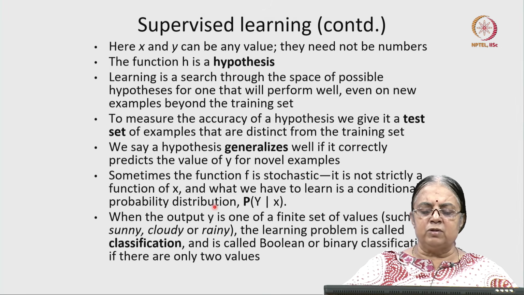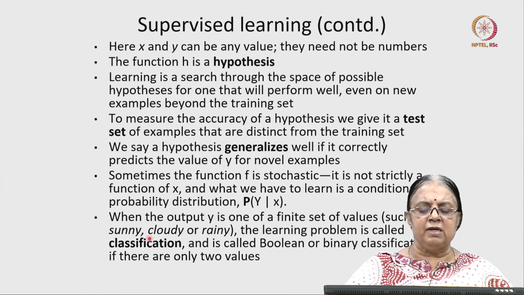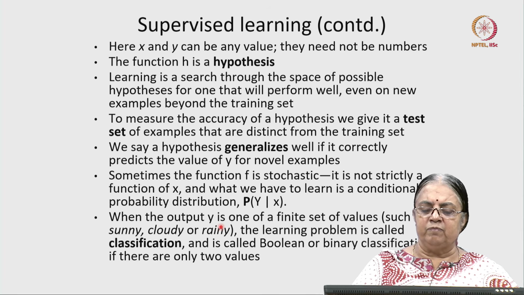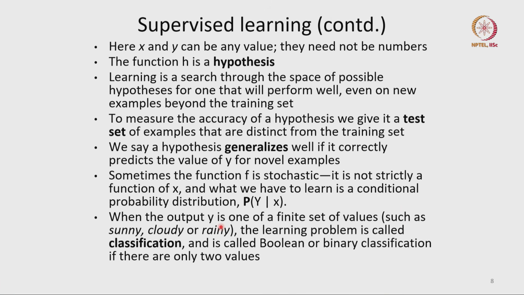The output, if it is a finite set of values, for example, sunny, cloudy or rainy, or class 1, class 2, class 3, or in the case of digits class 0, class 1, class 2 up to class 9, etc., it is called classification. And if there are just 2 outputs, so your output could be either 0 and 1, true or false, or something with just 2 values, just 2 classes, then you call it a binary classification problem.